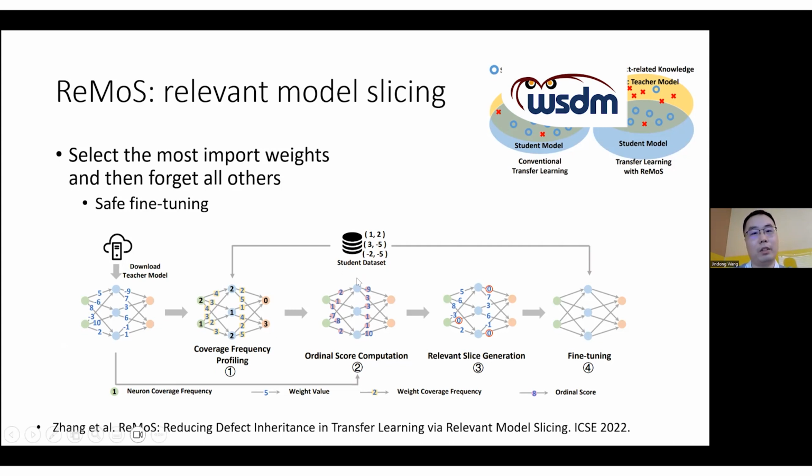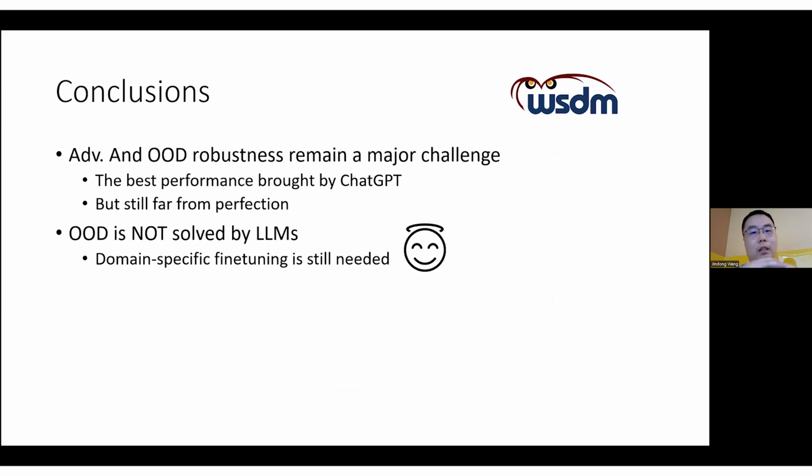I'm done with introducing detailed works here, and let's do some conclusion. The first conclusion is that adversarial and OOD robustness still remain a major challenge, even if ChatGPT and other models may perform well, the performance is still far from perfection. So, for the best performance brought by ChatGPT, we need to develop more algorithms to enhance its performance on those robustness benchmarks.